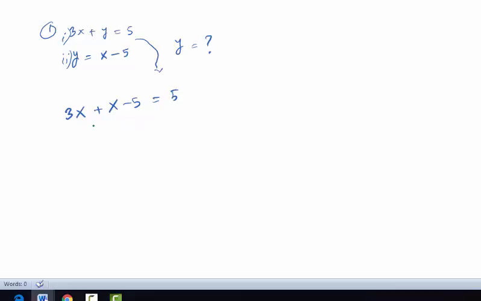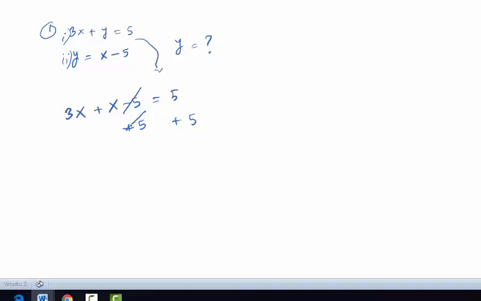Now look, we are getting the value of x but not the value of y. But if we know the value of x, we'll easily be able to calculate the value of y. Now we have minus 5 on the left and 5 on the right, so let's add 5 on both sides.